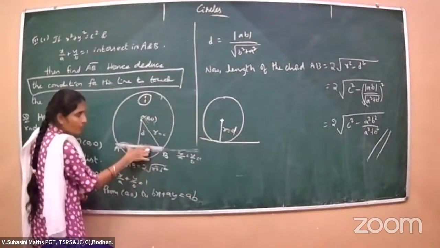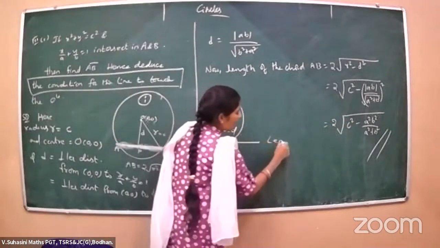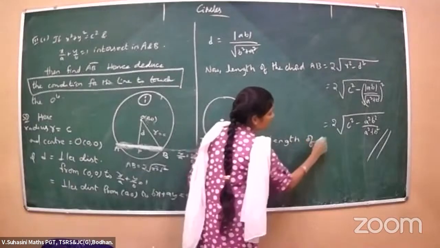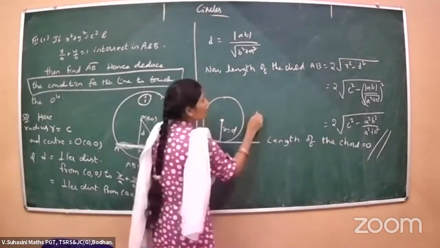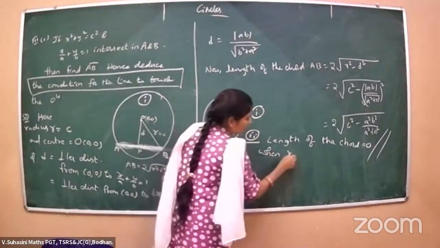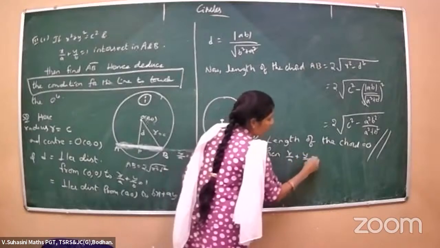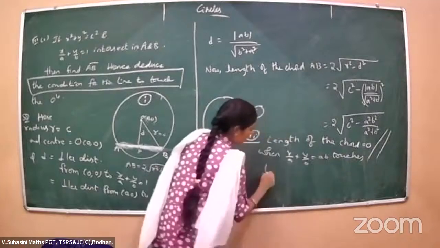We don't have this length of the chord. You can make this equal to 0. Length of the chord is equal to 0 when x by a plus y by b equal to 1 touches the circle.